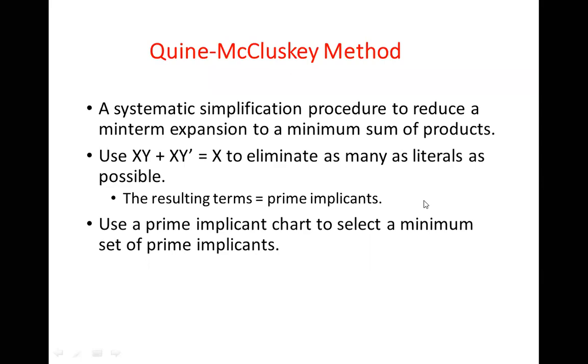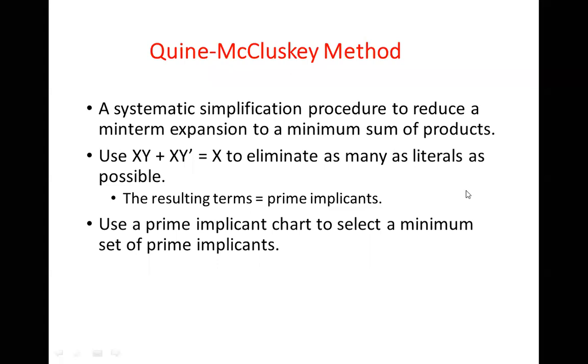The Quine-McCluskey method, as you can see, is a systematic simplification procedure to reduce min-term expansion to minimum sum of products. So it is used to reduce the min-term to minimum sum of products.